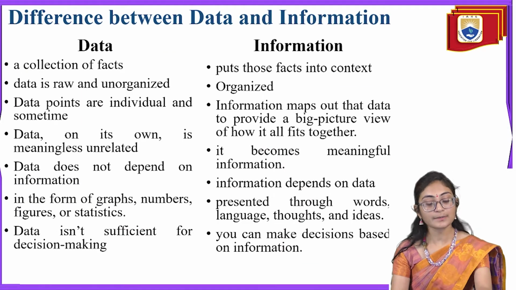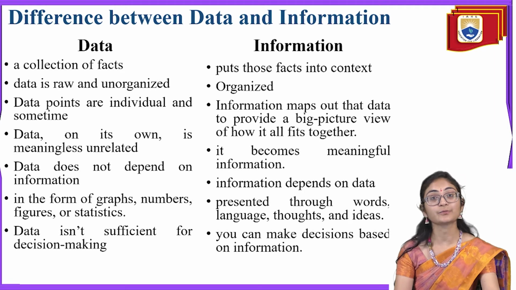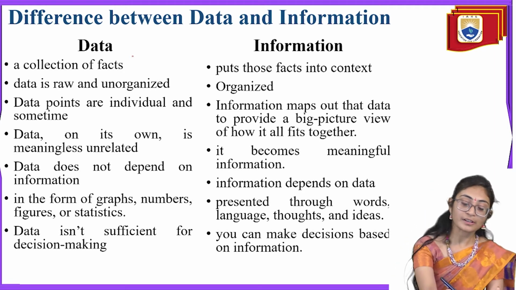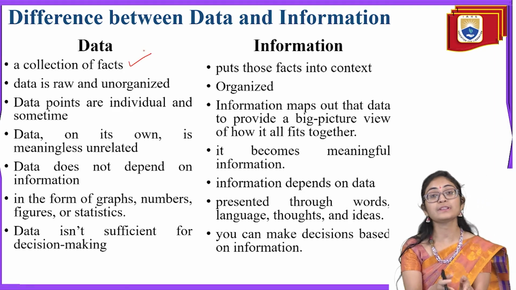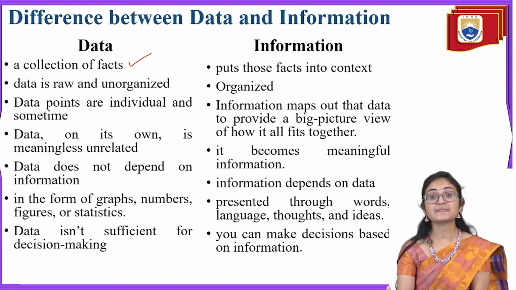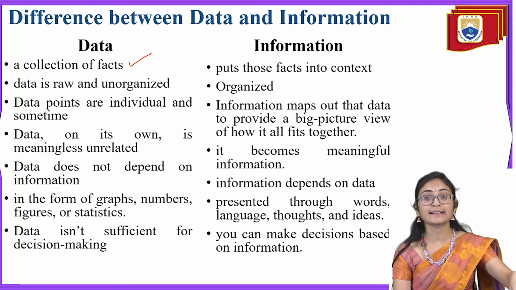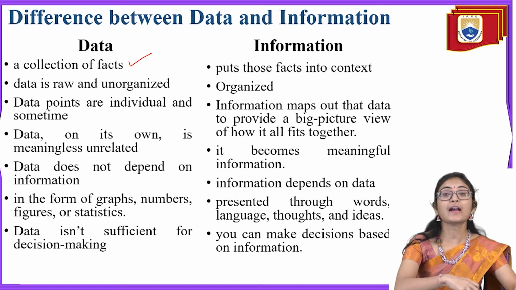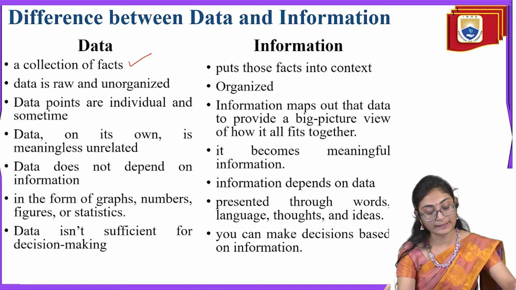Now, there are some differences between data and information. Data means we can say it's only a collection of facts, and information means those facts you collected, you have to put into context.